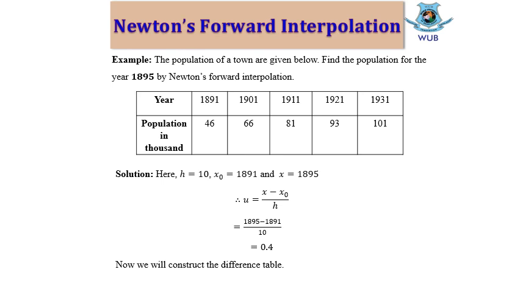Now you have to find out the value of u. How do we find the value of u? We find the value of u this way: x minus x0 divided by h.